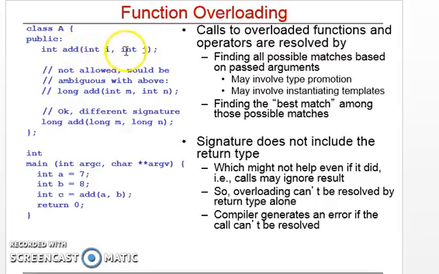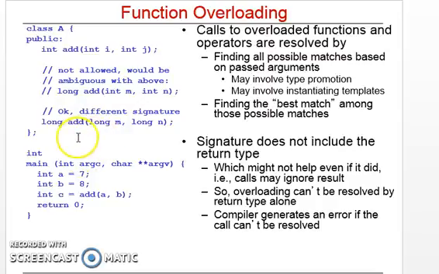Int add with two parameters i and j, both of type integer, whereas the second function, long add, has both parameters long m and long n. Now there are a couple of comments given to make it clearer: people may think function signatures with different return types may also be considered function overloading, but it does not work so. So that's what it is given.